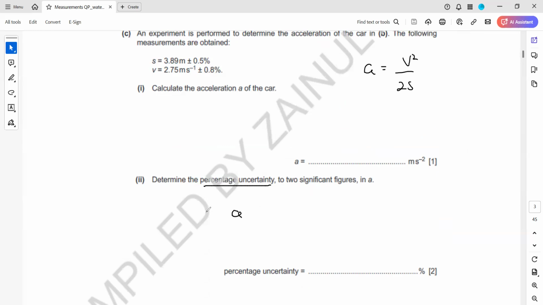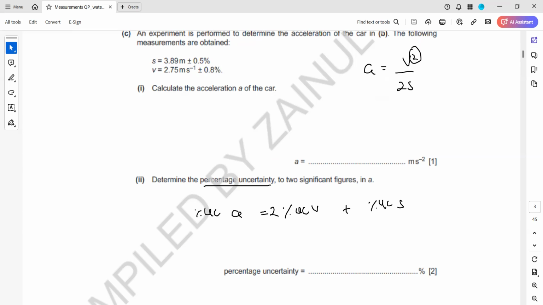So the percentage uncertainty in a will be equal to the percentage uncertainty in v multiplied by 2. Why multiplied by 2? Because it's v squared, the power is there. The percentage uncertainty in v squared will be twice that of v, and the uncertainty in s is there, and we just simply add them.